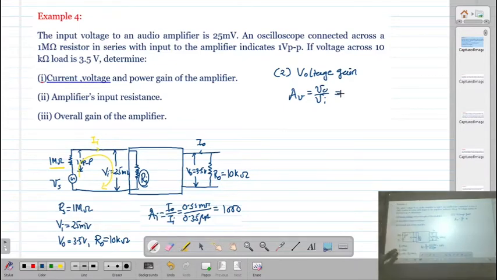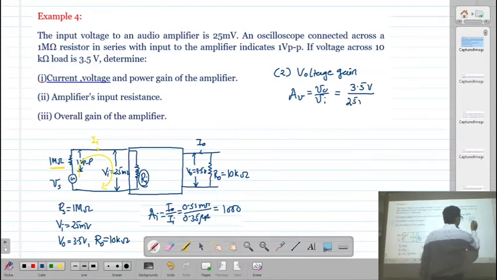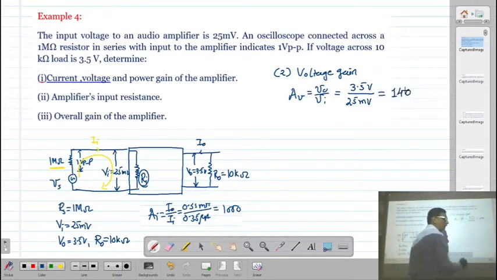Correct? The output voltage is already given to you. It is 3.5 volt, and the input voltage is 25 millivolt. If we calculate this, it will be 140. Here you have to convert the millivolt into volt by multiplying by 10 raised to minus 3. And the voltage gain comes out directly as 140.